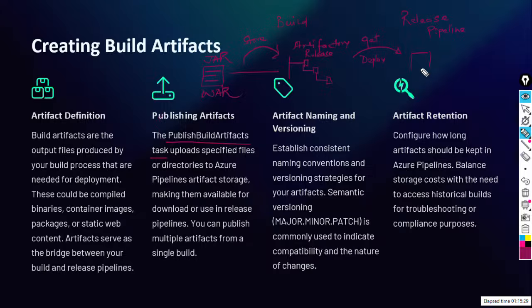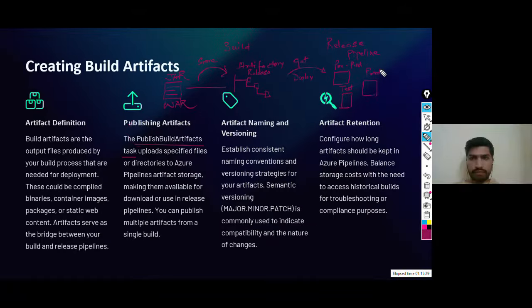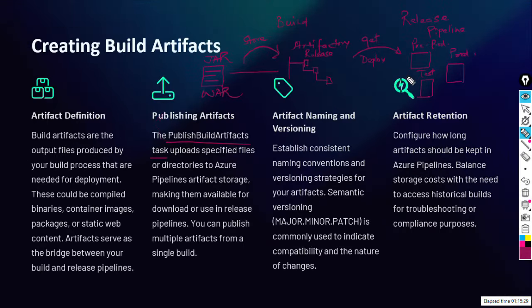This can be a pre-production server, a production server, or a testing server. In the release, you will have approval gates. You cannot release to pre-production, production or a test server without proper and prior approval. Approval can be given by the project managers, the leads or the operations manager, whatever it is.